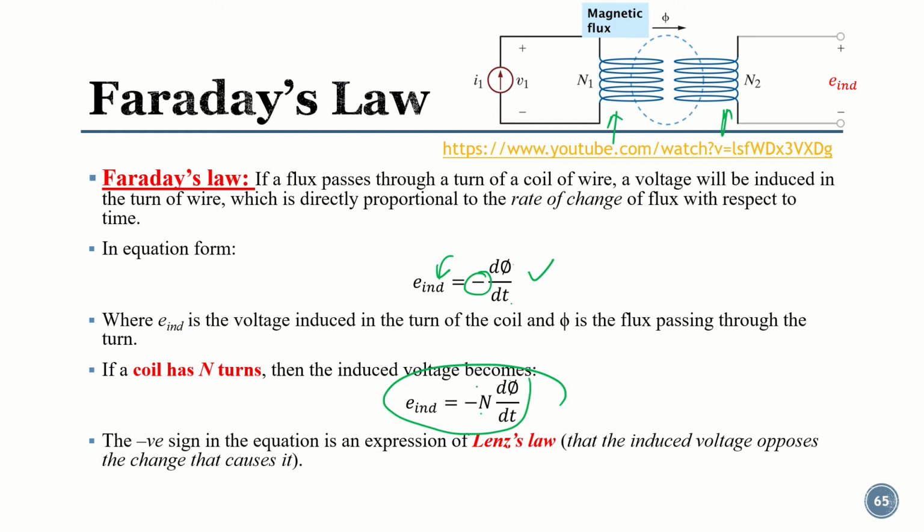What Faraday's law is telling us is that if you have a changing flux through a region or through a coil, for example, this is one wire, and through this wire there is a magnetic field which is changing, the flux is changing, so that will induce a voltage across this wire.